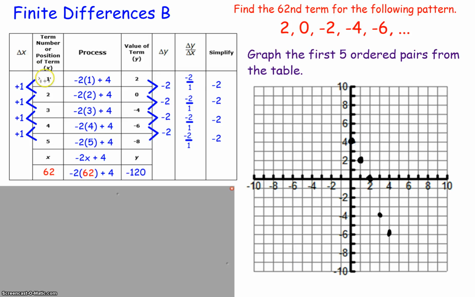And if you have 0 here, what is your answer going to be over here? 4, so 0, 4. So this is your graph.